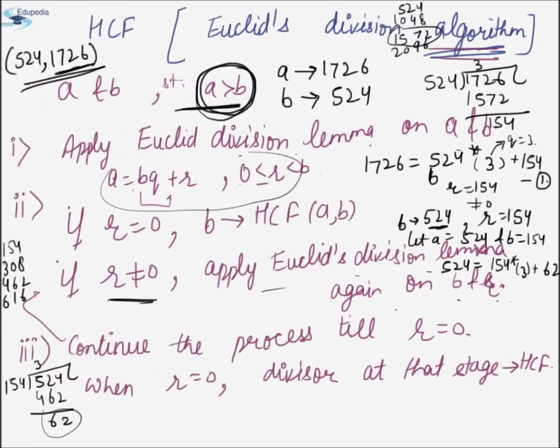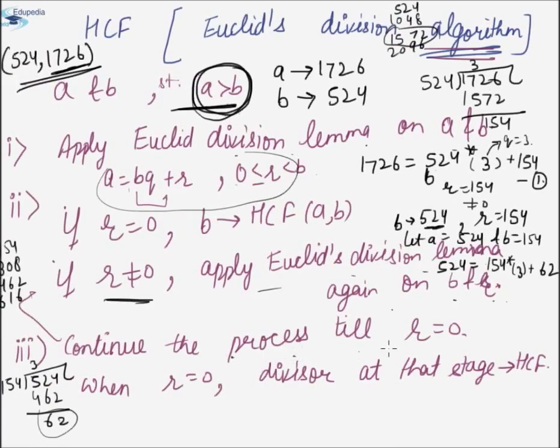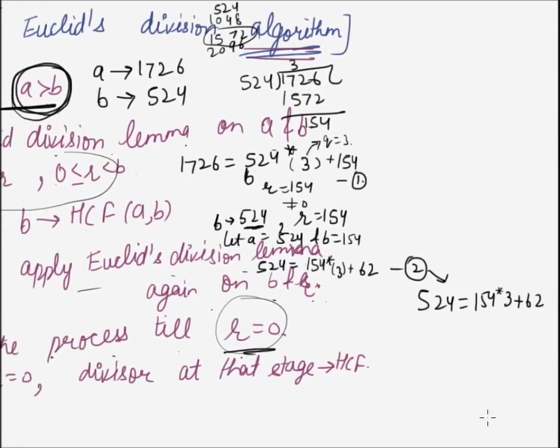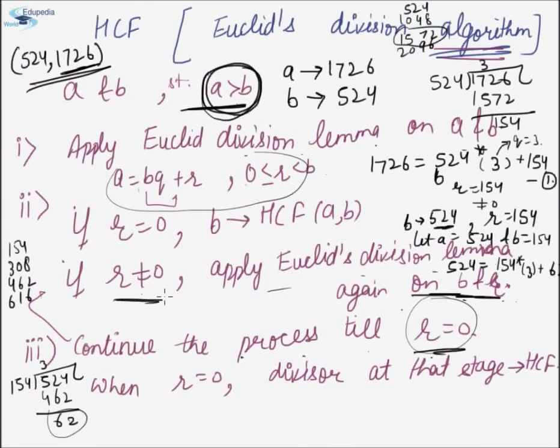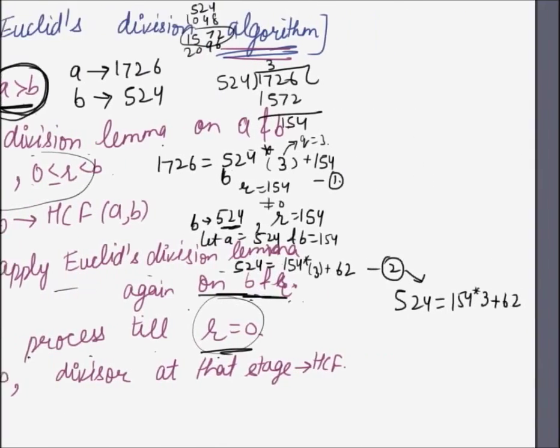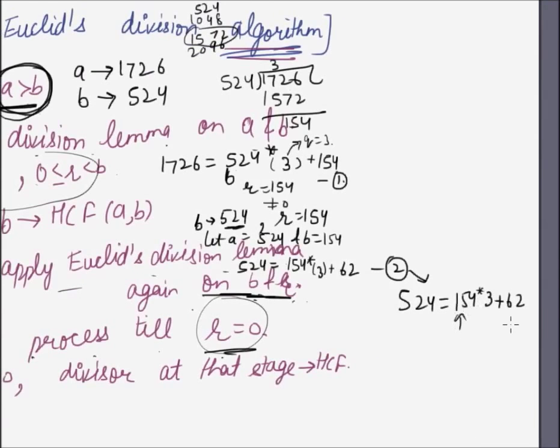The third step says continue the process till r is equal to 0. That is, continue applying Euclid division lemma till we get r is equal to 0. From the second step, if r was not 0, apply Euclid division lemma on b and r. So b was this value and r is this value. So we need to apply Euclid Division Lemma on 154 and 62.